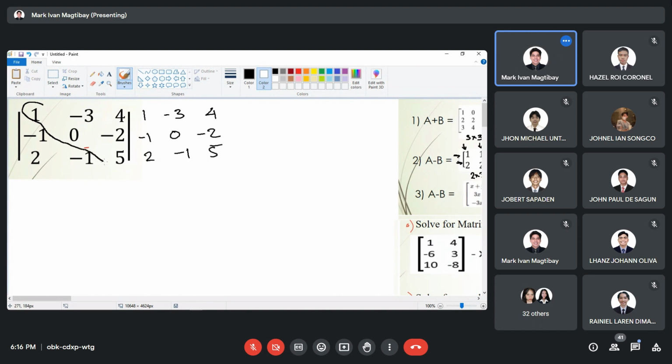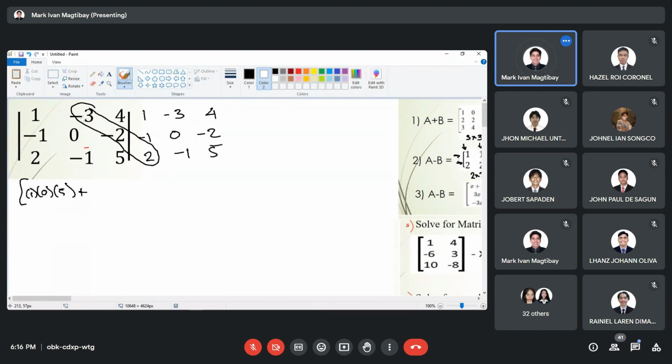So this part, 1 times 5 times 0 po. Okay? 1 times 0. Teka, lagyan ko pala ng parenthesis yung 1 para 1 times 0 times 5 plus, dahil same direction pa rin po siya, pababa pa rin.